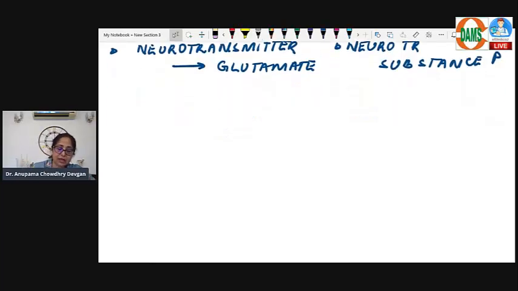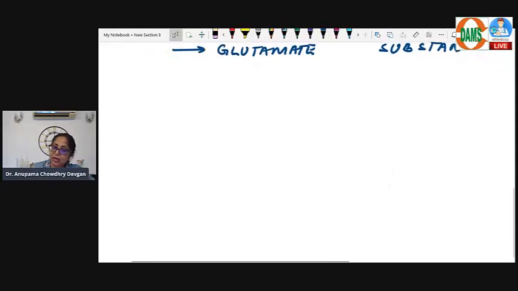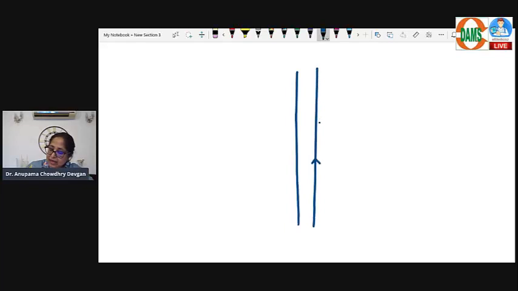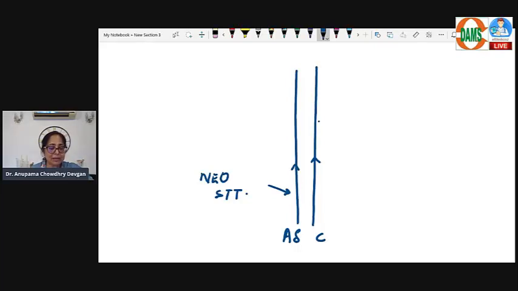Okay. Now when you look at these fibers, when they ascend upwards, this is A delta fiber, and this is C, A delta fiber and C. The A delta fibers are also called the neospinothalamic tract. Why neo? In terms of evolution, came later. They are newer.